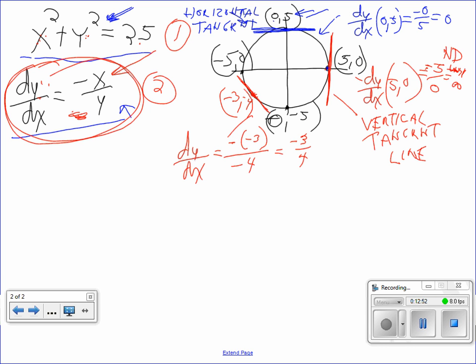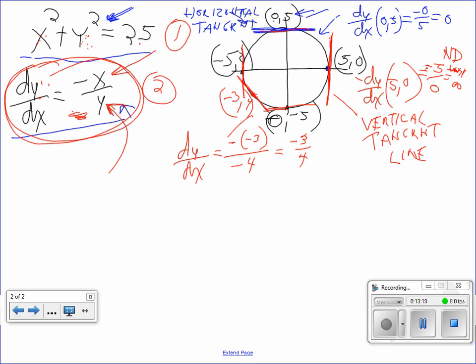So when x is equal to 0, here and here, you've got horizontal tangents. How about vertical tangents? Vertical tangents are when the denominator is equal to 0. Where are those? Well, those are here. So this relation gives us some qualities of the relationship between x and y. Remember, this isn't a function. This is a relation now.